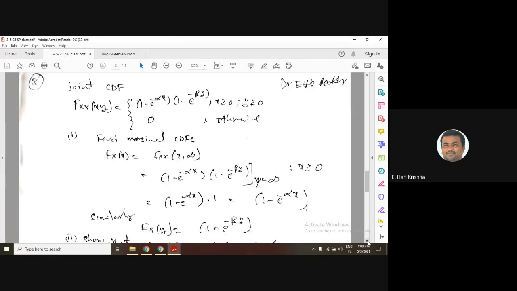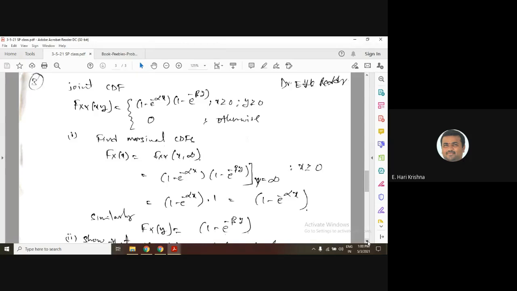Right. Next solved problem, a simple evaluated problem. The joint CDF is given now. In the previous three problems, joint PDFs were given, and we evaluated some manipulations.